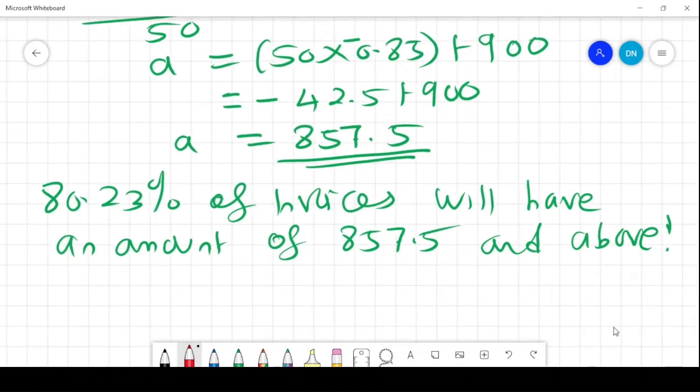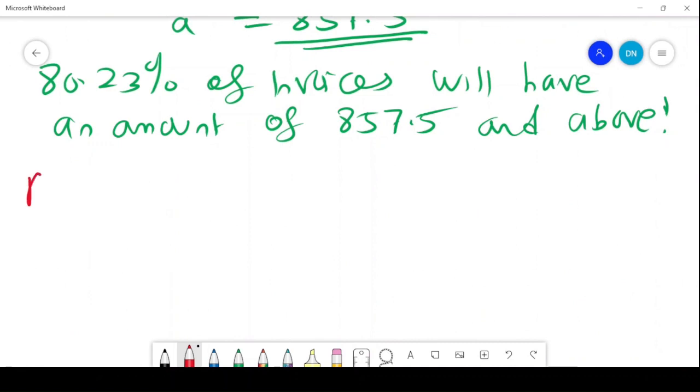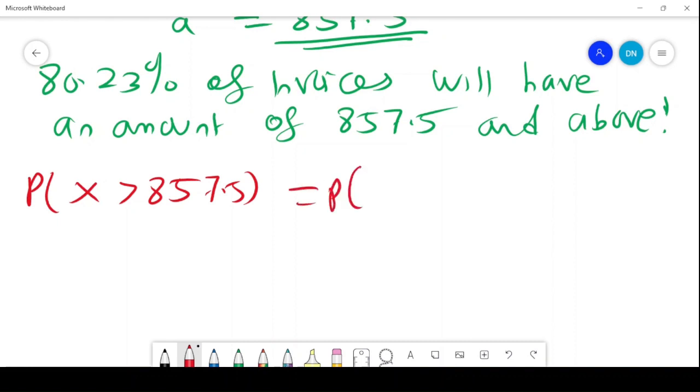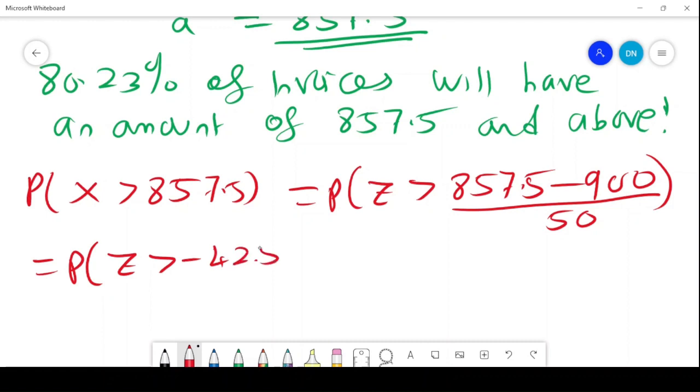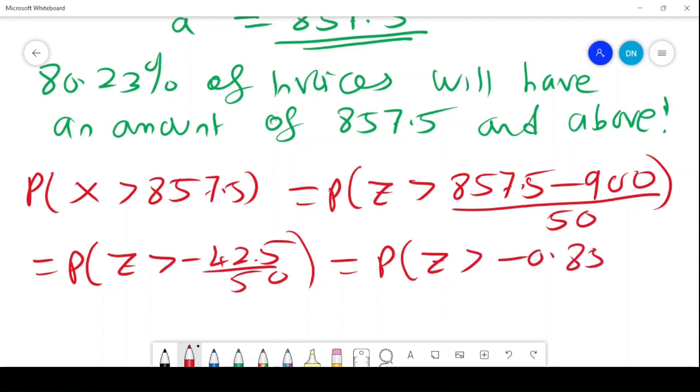So what we are saying is probability of x greater than 857.5 is probability of z greater than 857.5 minus 900 all over 50, and equals to probability z is greater than negative 42.5 over 50, which is probability of z is greater than negative 0.85.